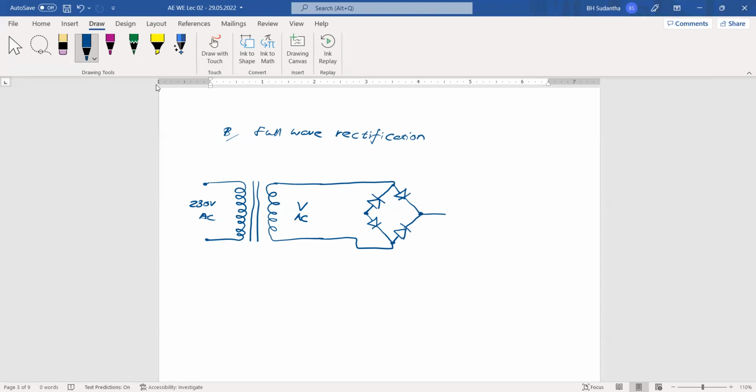Then we can take output from this point and from this point. Now we have this resistor connected to the output. Here we have used 4 diodes, so we say this is a diode bridge. Four diodes are there, and you can see the connections we have given to these 4 diodes. After making this, we can say this is a diode bridge.